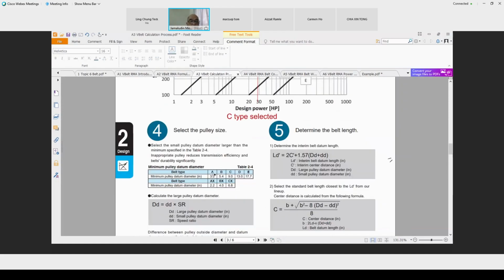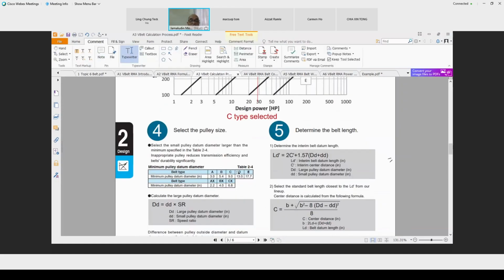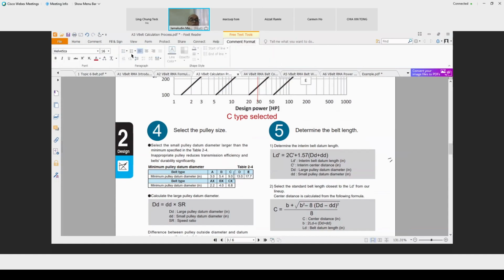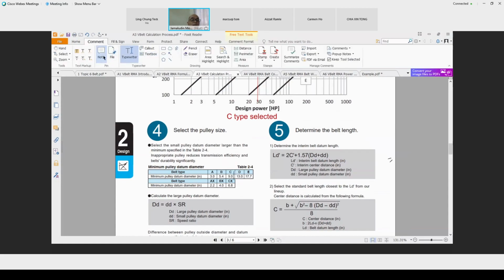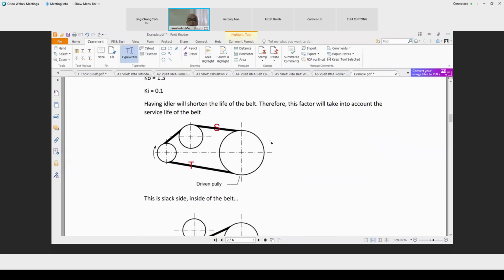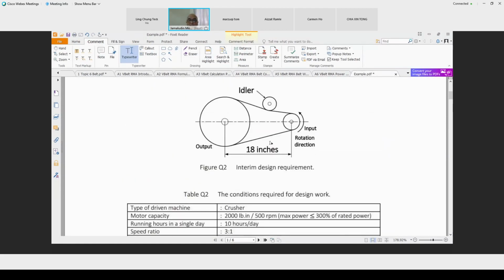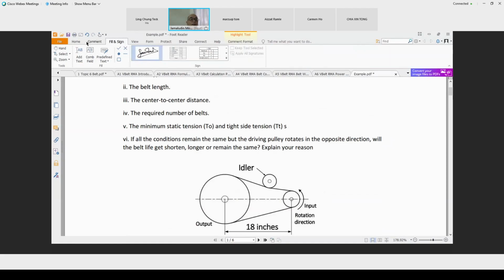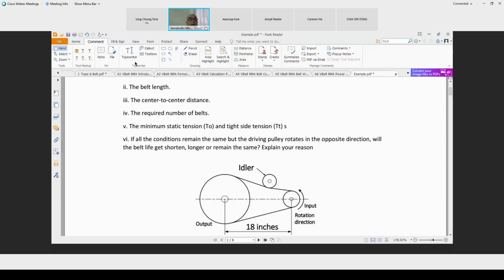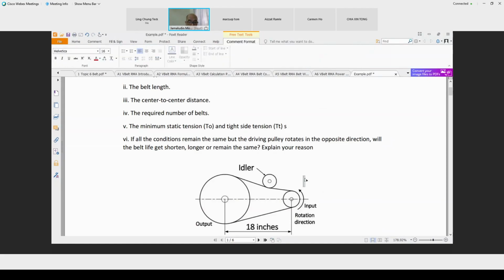In this case, we have C, so the smaller pulley is going to be 9 inch. That will be our small pulley, 9 inch.